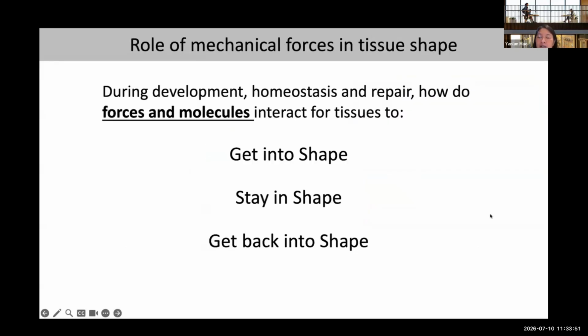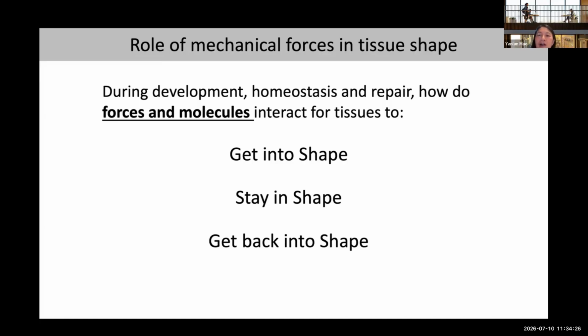And to put things into a bit more context, we're interested in this mostly at the multicellular tissue level. And generally we split this conceptually into three stages. One is how do the forces and molecules interact during development to get tissues into shape, but also then after development, how are tissues maintained in their ideal shape for the rest of the lifetime of the organism, which of course is a critical problem, which I think we often ignore, but that's actually key for disease or lack of disease, hopefully.